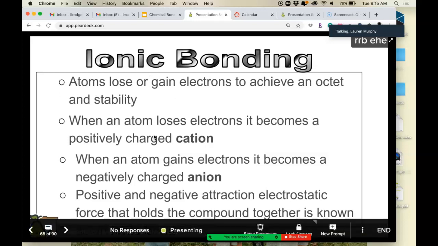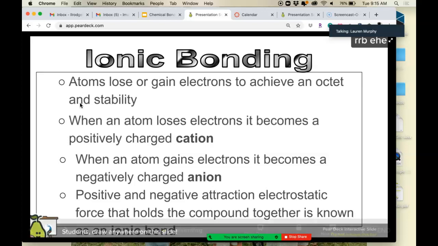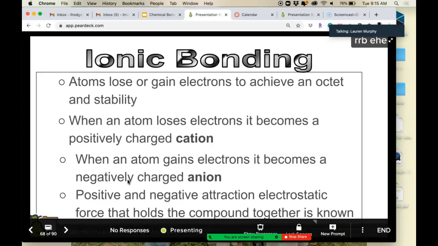Now, in ionic bonding, that is not what happens. One of the atoms is very strong, very electronegative, and is very attracted to electrons and will completely remove the electron from the other element. When it does that, the other element becomes negatively charged because it gains an electron, and the other thing loses it.